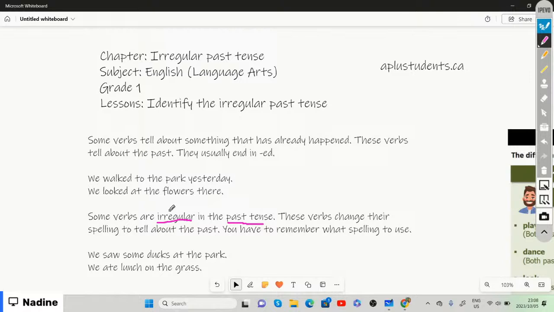With the verbs that are irregular in the past tense, the spelling changes. We don't just add ed to show that it is in the past. The spelling of the verb changes. So these verbs change the spelling to tell us about the past.